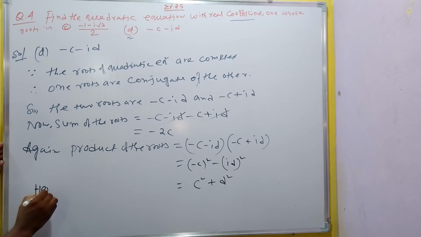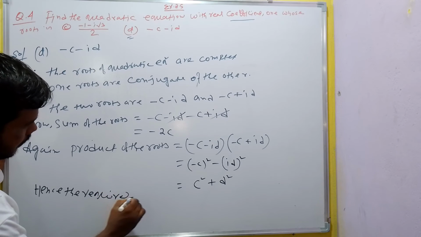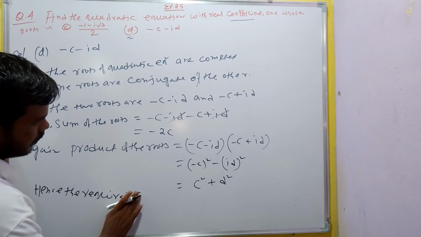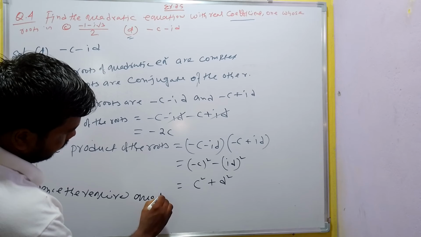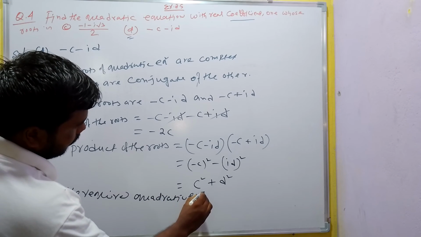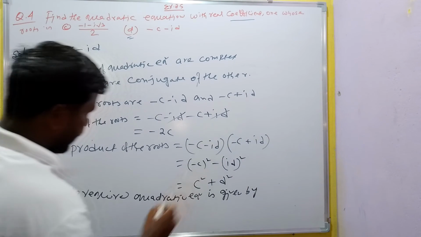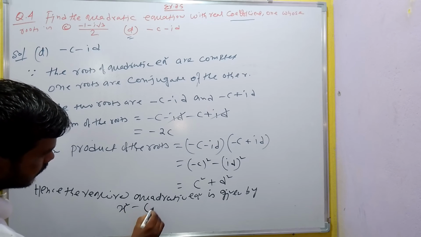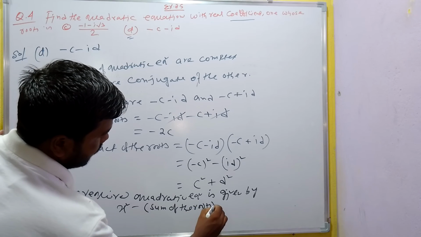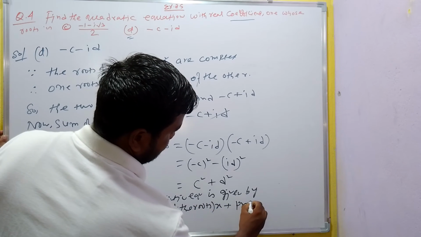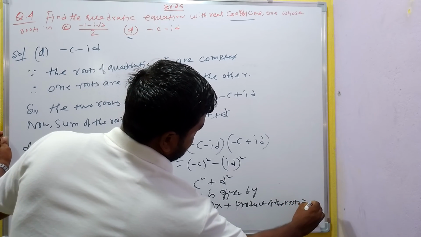Hence the required quadratic equation is given by x square minus the sum of the roots times x plus the product of the roots equals 0.